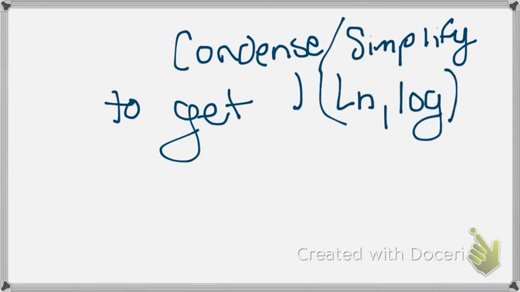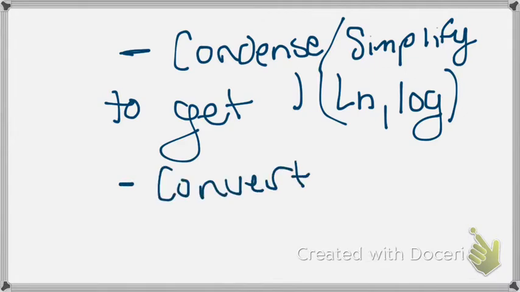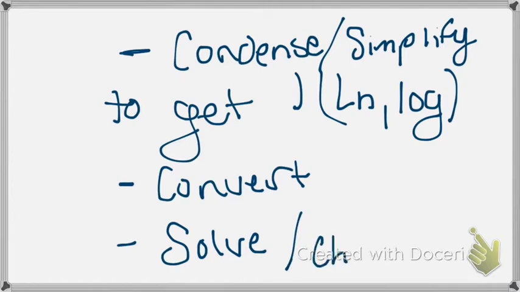You just need to get 1, all right? On either side of the equal sign. And then convert. If it's log, convert it to exponential. If it's exponential, convert it to log. And then solve. Okay? Check your solution where appropriate.